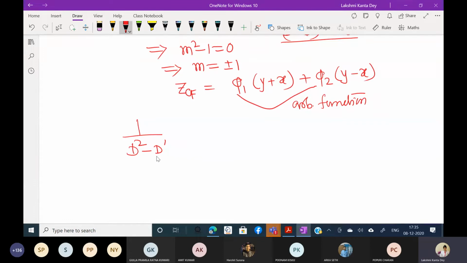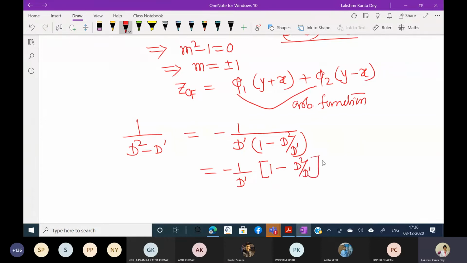If I take minus D dash common, then it will be 1 minus D square by D dash, whole to the power minus 1, divided by D dash. Clear? So this part, can you find the expansion?